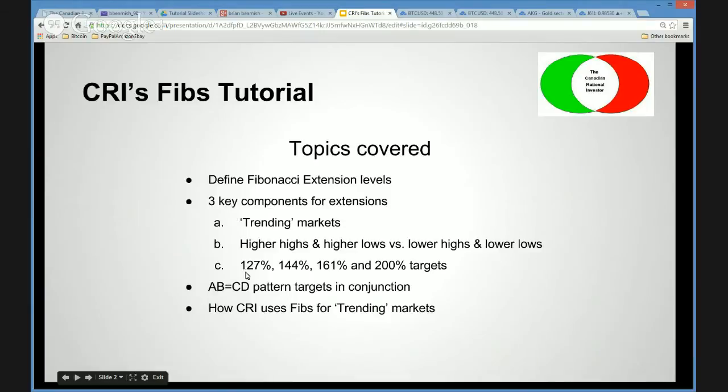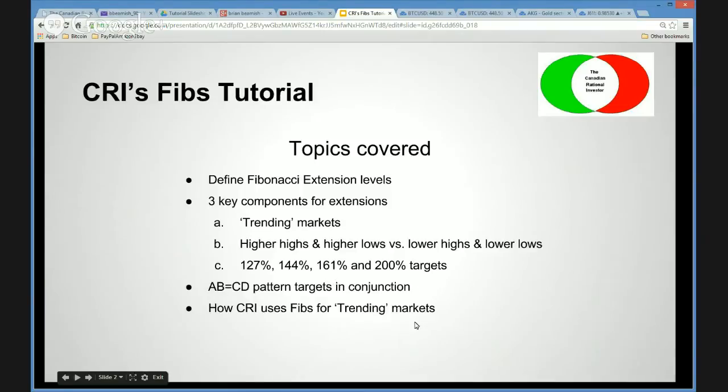Then specifically, we're going to look at some of the key levels I like to watch, 127, 144, 161, and 200. And we'll see how those work with price action. We're then going to move on to the concept of harmonics, and we're just going to introduce the idea that harmonic patterns often work in conjunction with these levels.